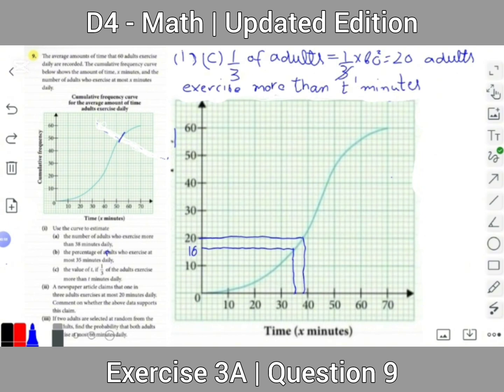But we have to find out the number of adults that exercise at most t minutes.